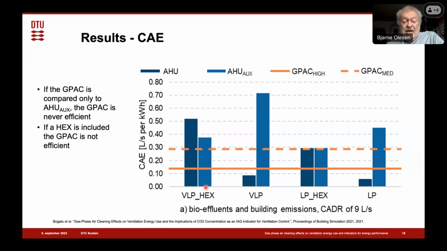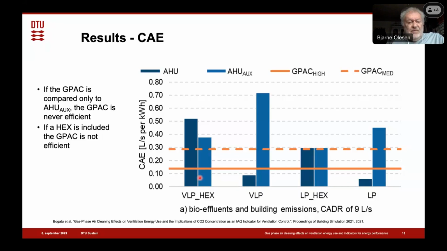If you don't have a heat exchanger, it may be an advantage to use an air cleaner. So using a heat exchanger is very important, and of course the efficiency of the heat exchanger. In Denmark, we require an efficiency of, I think, about 80%. So that's the efficiency we have used in this calculation.